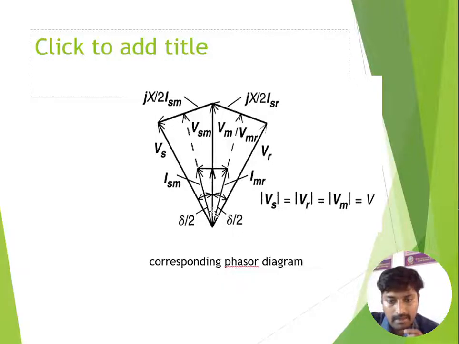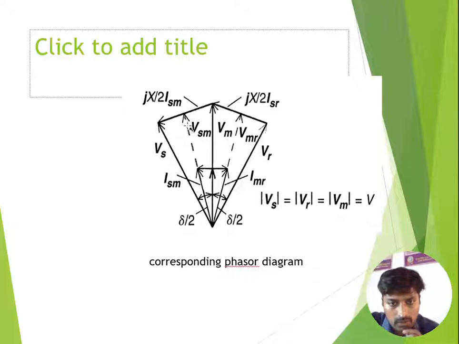ISM and IMR are the two currents. These are the VSM voltage and the VMR voltage. Then you can take any triangle. I have considered this triangle: Vs, VSM, and here the entire side is jX by 2 into ISM.